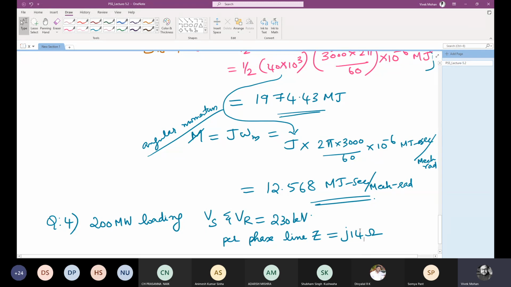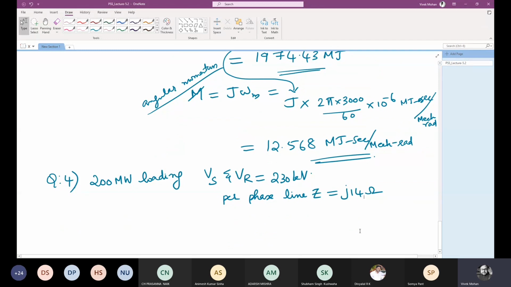Calculate the maximum steady state power that can be transmitted over the line. How will you find the maximum steady state power? Active steady state power is mod Vs into mod Vr by X sin delta, where Vs is the sending end voltage and Vr is the receiving end voltage. When delta is 90 degrees, it's maximum, and maximum power is transferred from the sending end to the receiving end.